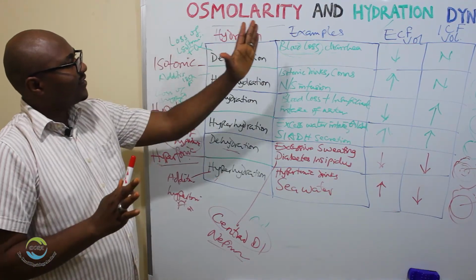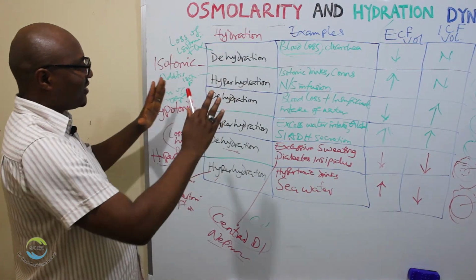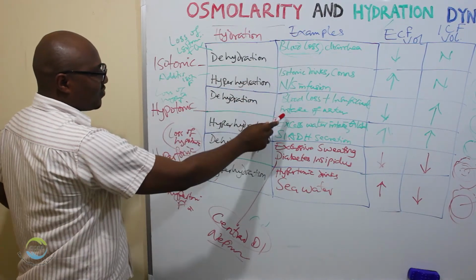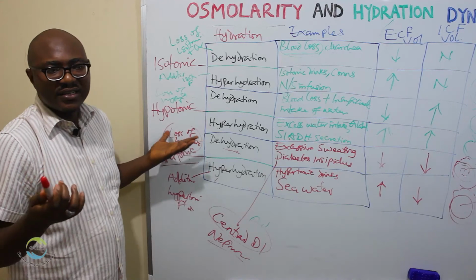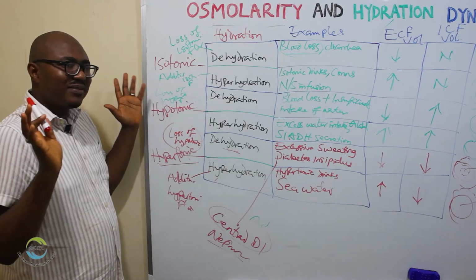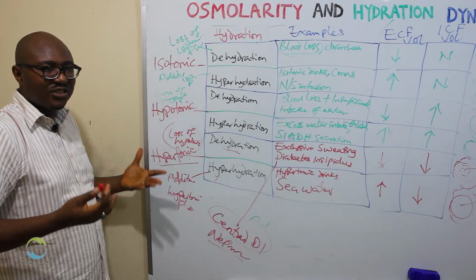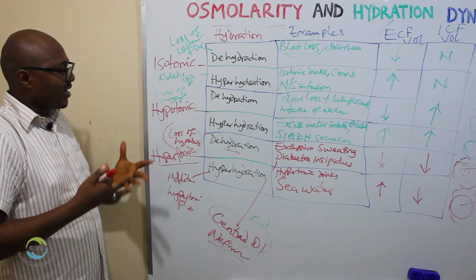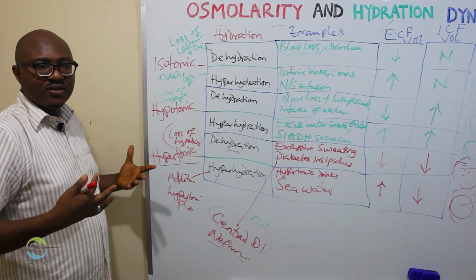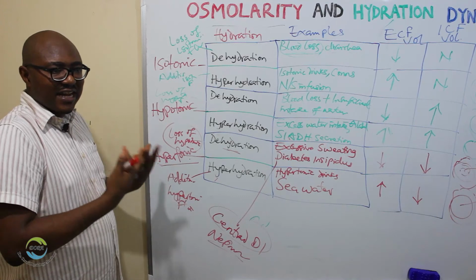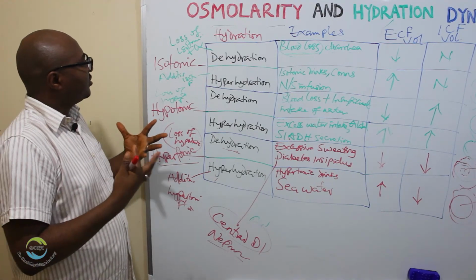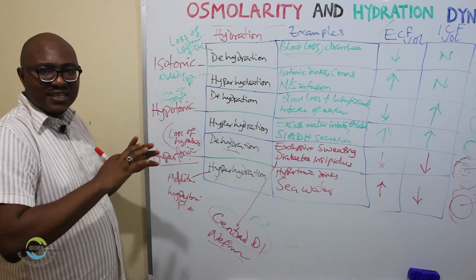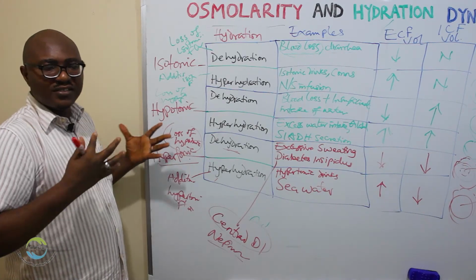The different osmolarity and hydration dynamics and the different possible causes. So when you see that somebody is dehydrated, it's not just enough to say the person is dehydrated. That dehydration, is it causing hypertonicity? Or the dehydration is isotonic, that is, the blood is isotonic. There's no change in the osmolarity of the blood.